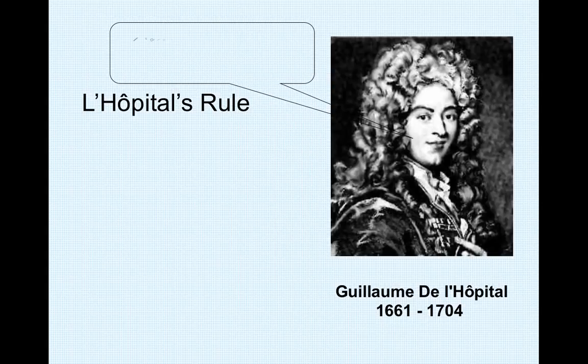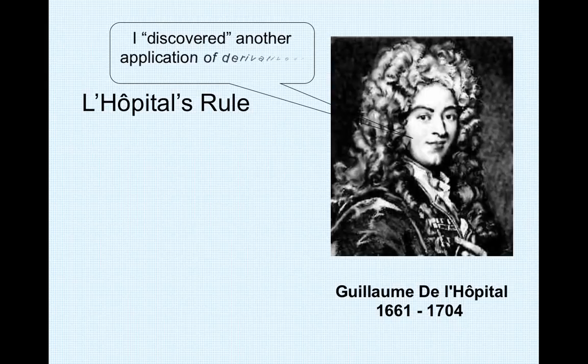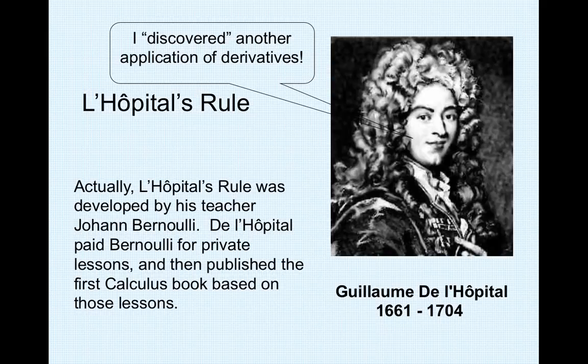So he discovered an application of derivatives to evaluate limits of a particular form when you ran into continuity problems. But it actually was with the guidance of his tutor Bernoulli. But Guillaume did get a book published, and Bernoulli was a little bitter that this was named L'Hopital's rule.